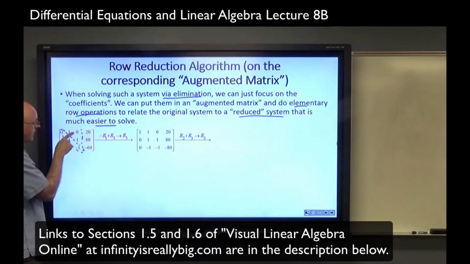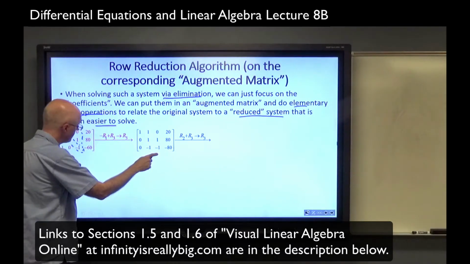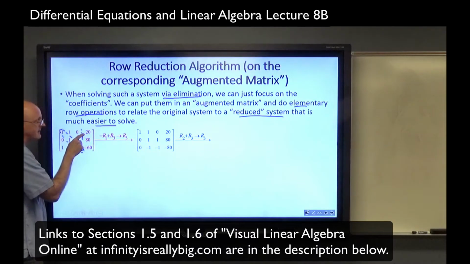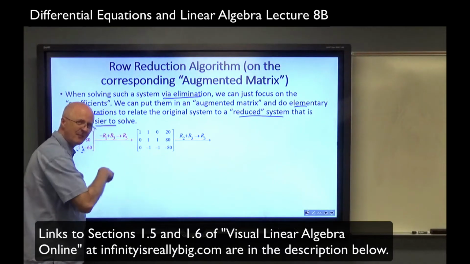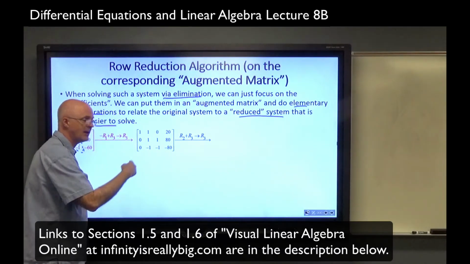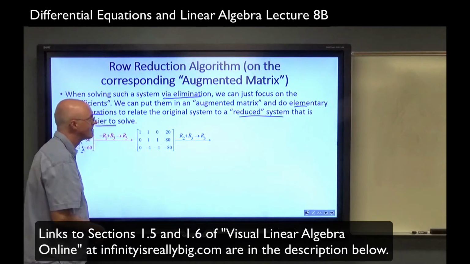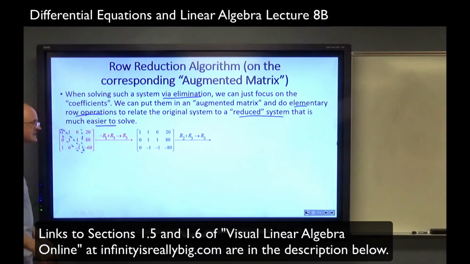Following with me? 0 times negative 1 is still 0, plus negative 1 is negative 1. That stays a negative 1. 20 times negative 1 is negative 20. Negative 20 plus negative 60 is negative 80. Just like I said a minute ago, that negative y minus z equals negative 80. The new equivalent last equation.